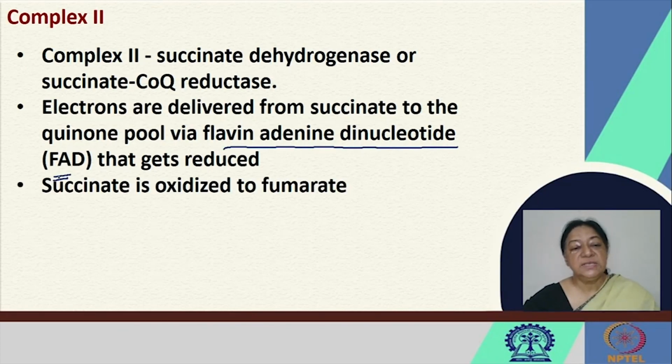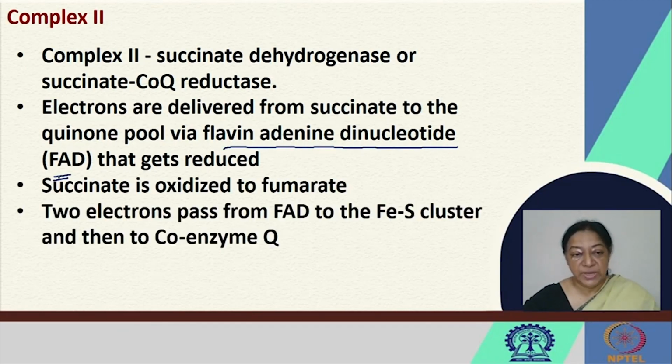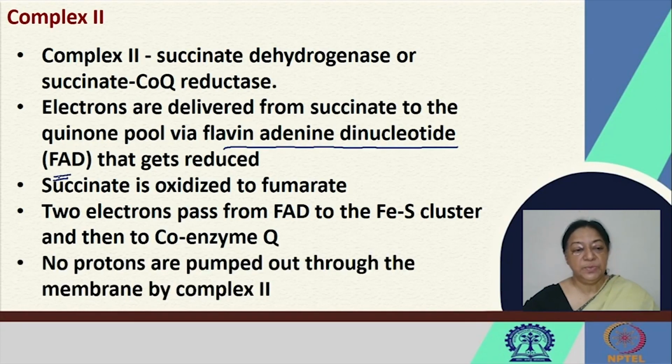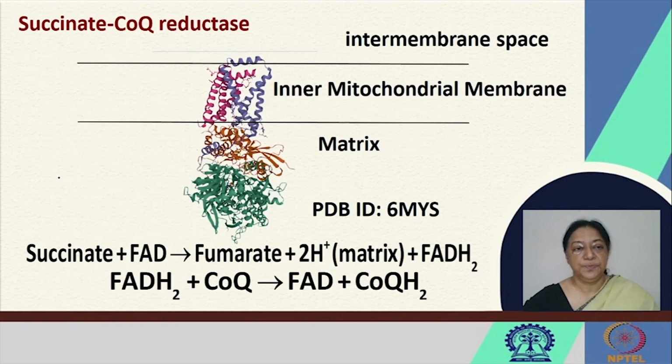So succinate is oxidized to fumarate and 2 electrons pass from FAD to the iron sulfur cluster and then to coenzyme Q. There are no protons pumped out through the membrane in complex 2.